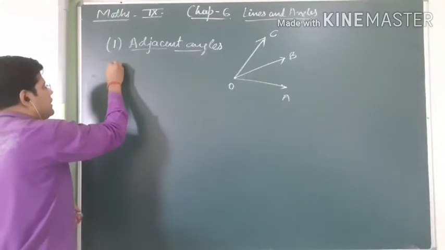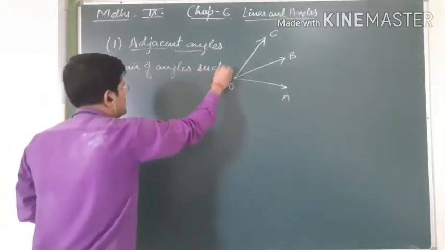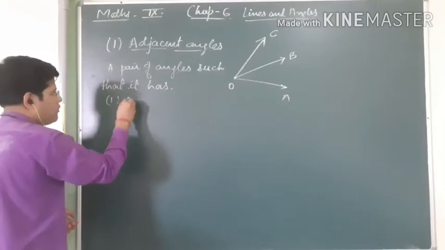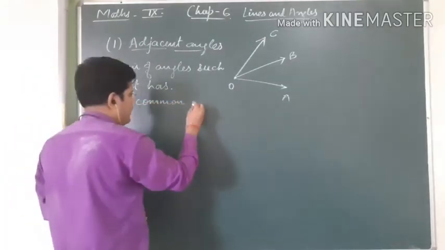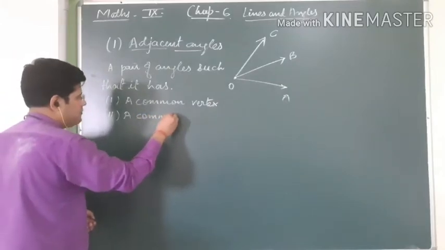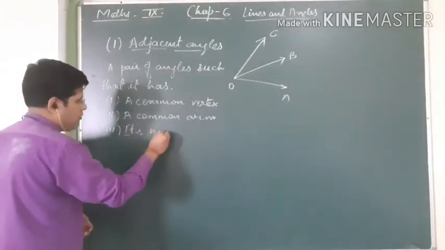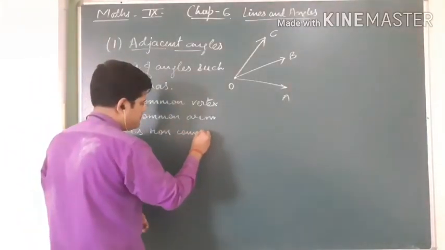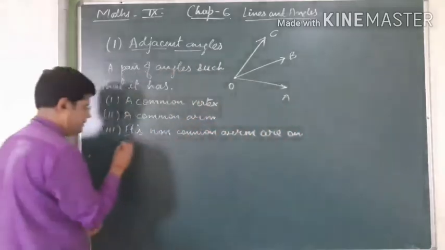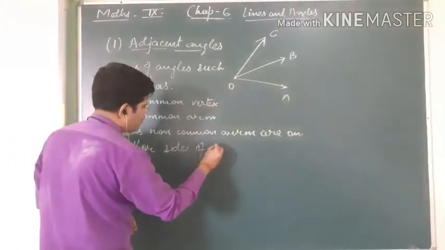A pair of angles such that it has, first, a common vertex; second, a common arm; and its non-common arms are on either side of the common arm.